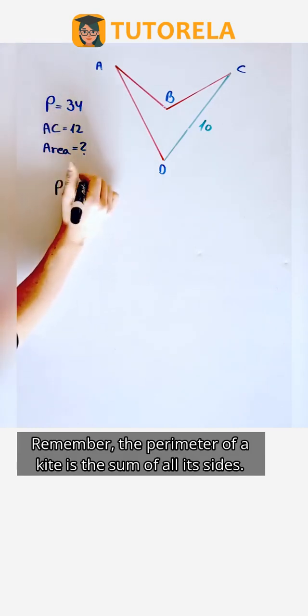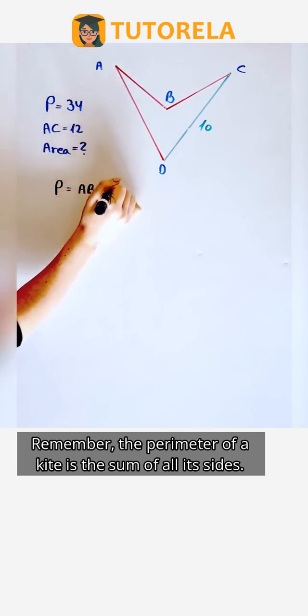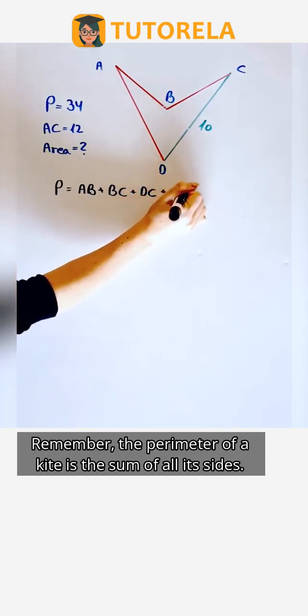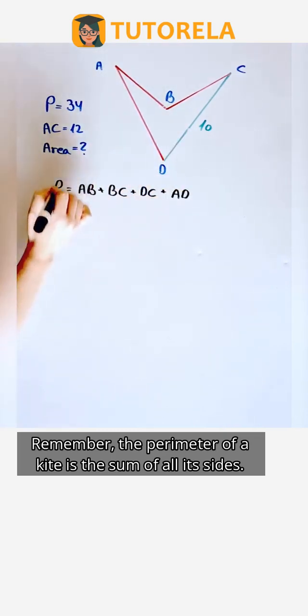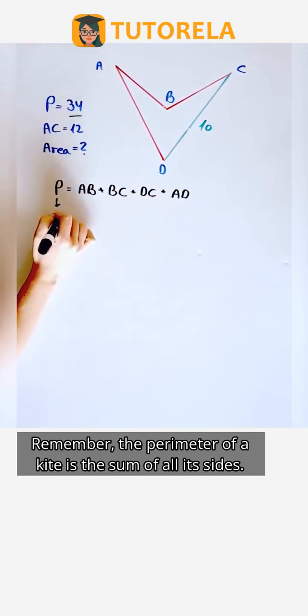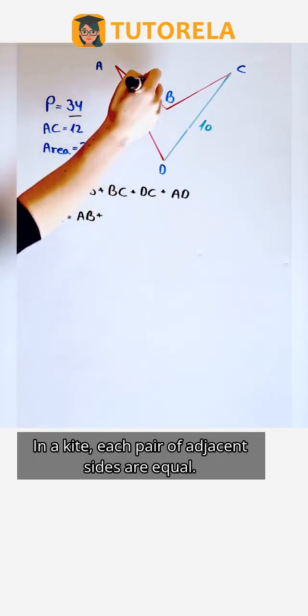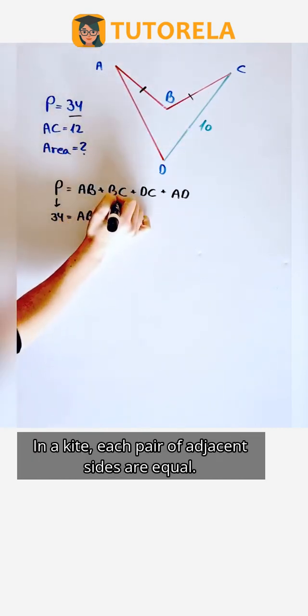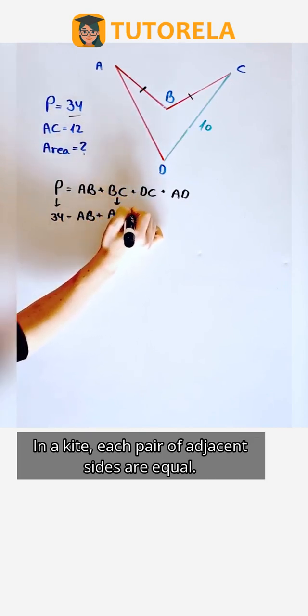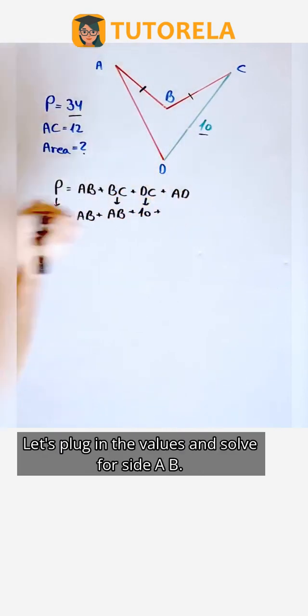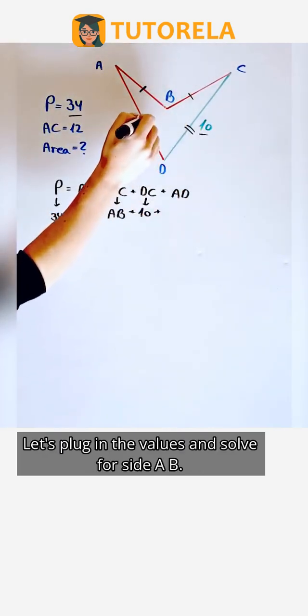Remember, the perimeter of a kite is the sum of all its sides. In a kite, each pair of adjacent sides are equal. Let's plug in the values and solve for side AB.